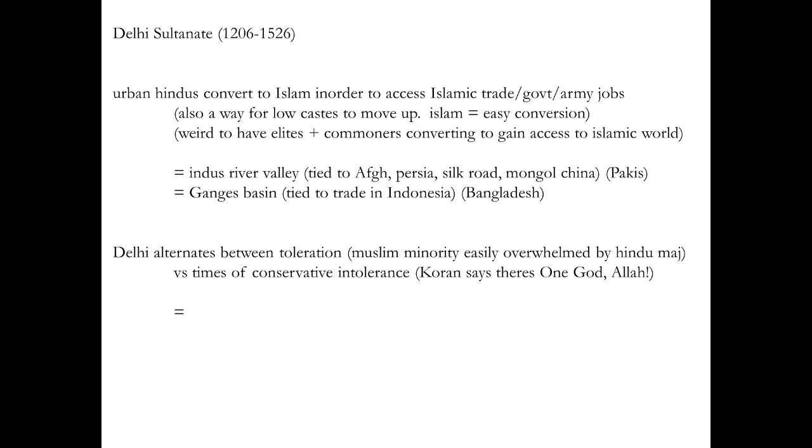And so the idea is you get these alternations. There's no wild swings. It all depends on the personality of the sultan and whether he is strong enough to tell the religious authorities, cool it, I got this, and can run the sultanate on his own. This is not a recipe for conquering the world, for example. It's not even a recipe for conquering India.